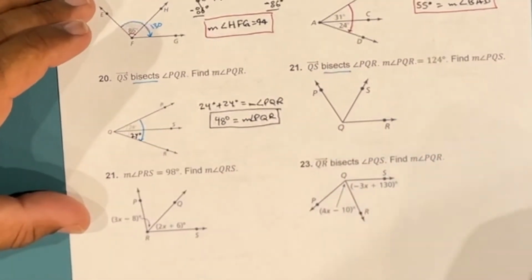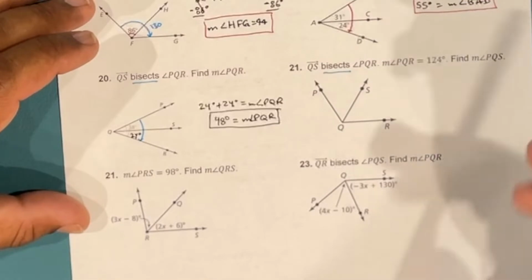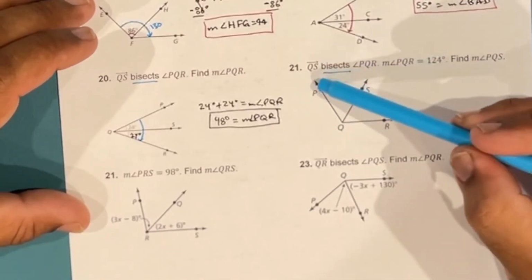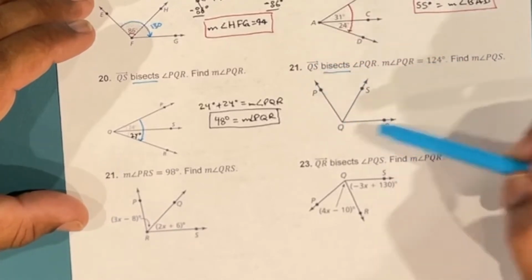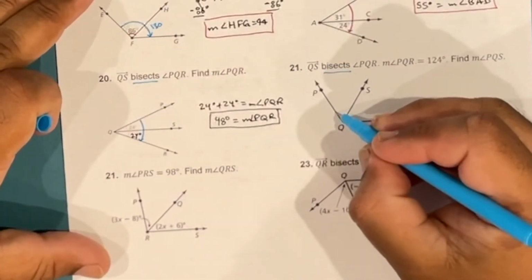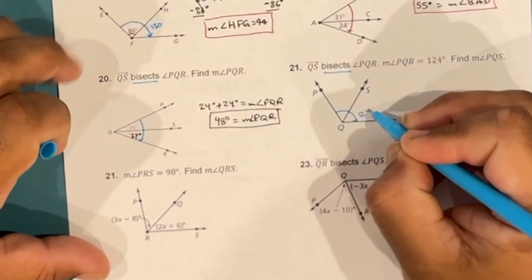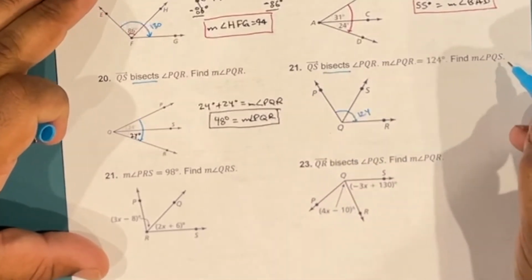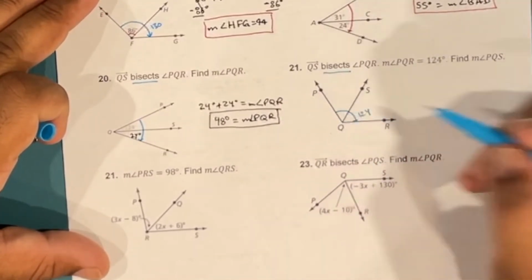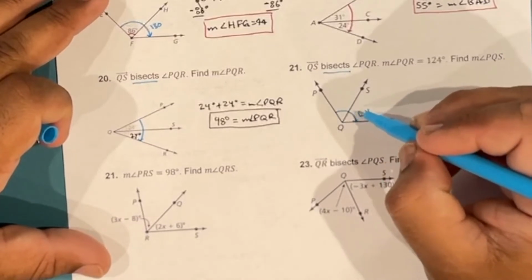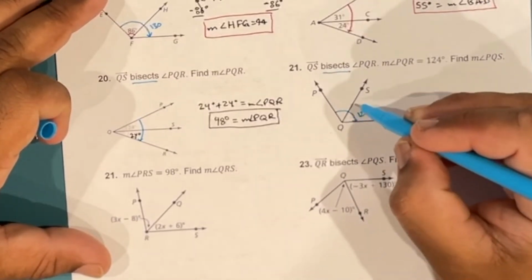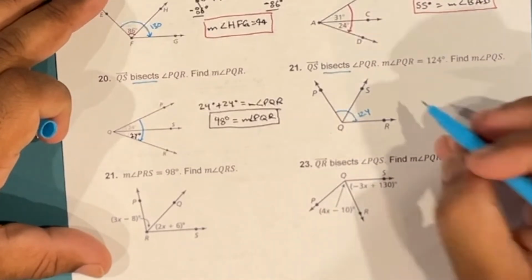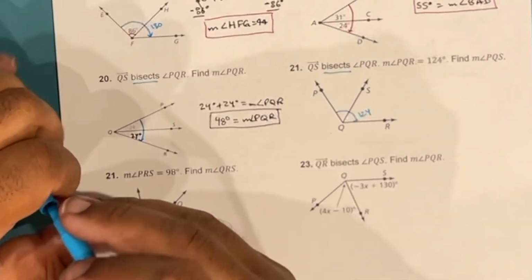All right. So what do we have over here? QS bisects PQR. Angle PQR, the whole thing, is equal to 124. Find PQS. Well, if I know this angle and this angle is the same, I know this angle plus this angle is the same. So if I've got two of those, I just need to cut that in half.